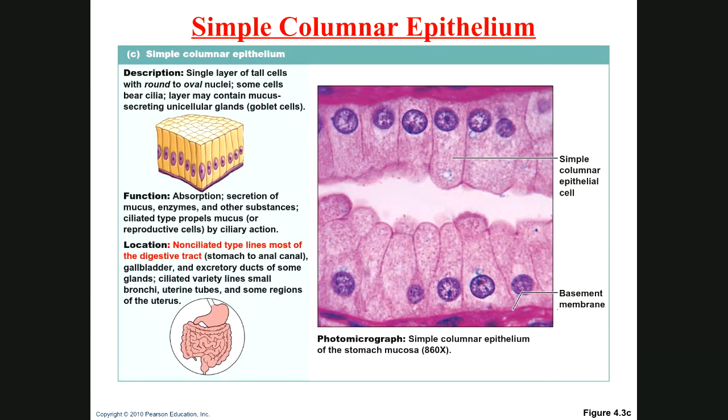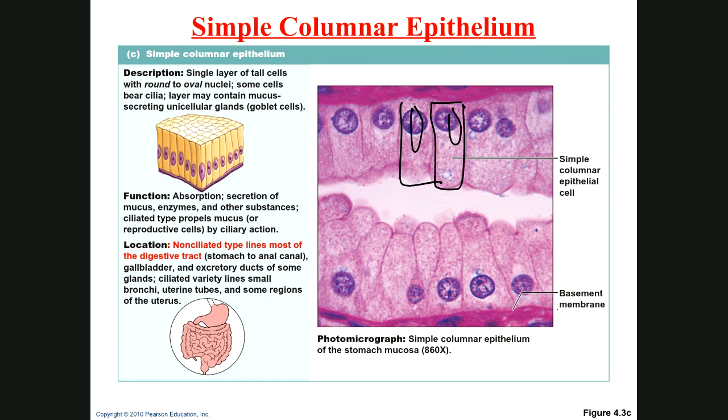Moving on to simple columnar epithelium. So now we're going to have cells that are taller than they are wide, and these little tall cells that look like columns typically have elongated oval-shaped nuclei, which this picture does not depict, but it's supposed to have little oval nuclei.